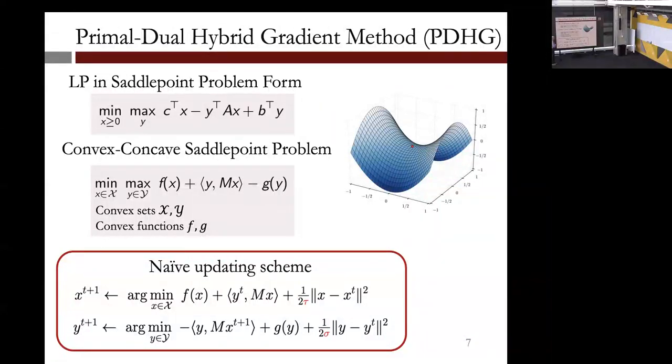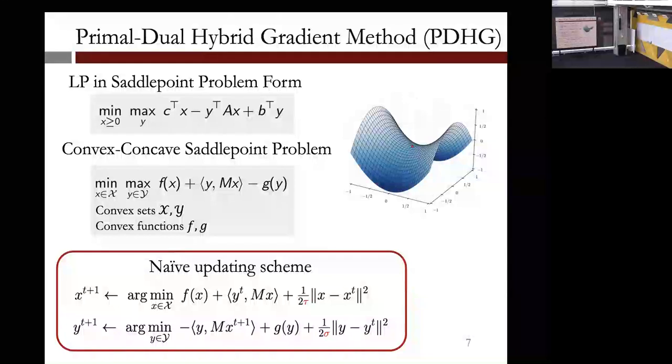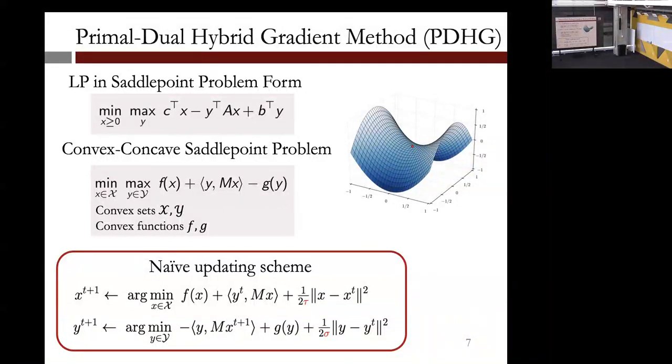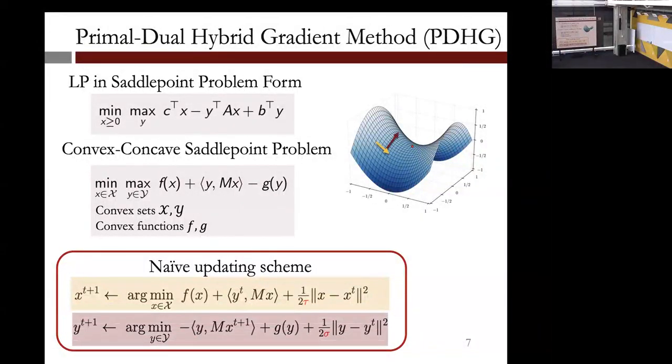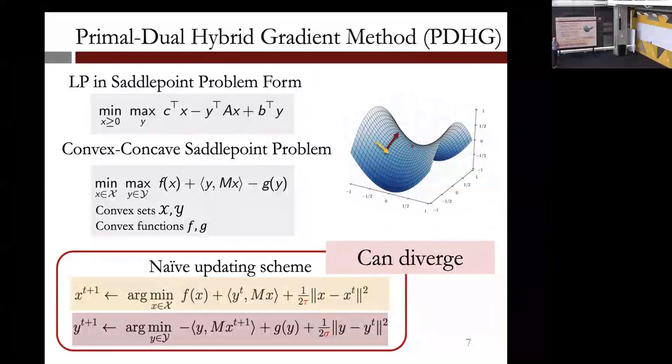Now I fix x, and since the dual problem is a maximization problem, I'm going to minimize the negative of all of this. This is taking a step here, and then a step in a different gradient there, and that is the intuitive thing to do. But this actually can diverge. It turns out this naive scheme is a little too naive.